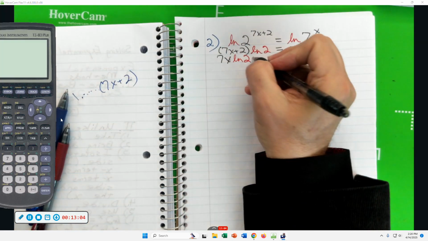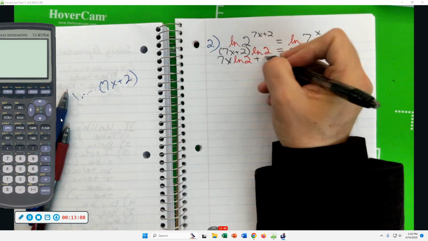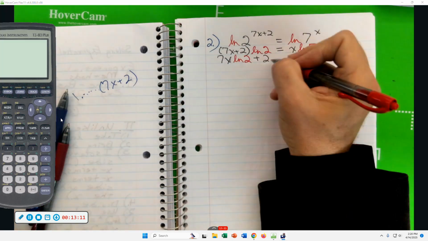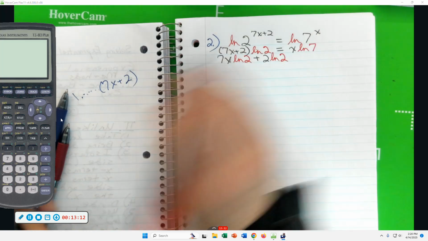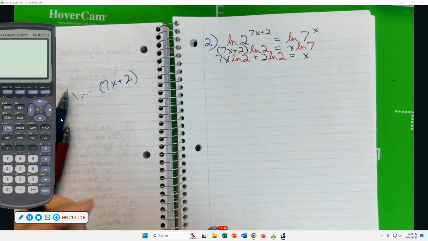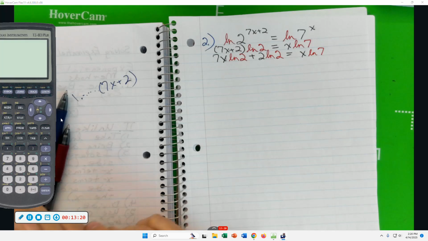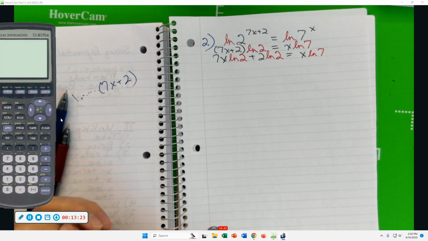plus 2 times ln2 is just 2 times ln2. We still have that x ln7 on the right. We need to get the x terms on the same side.